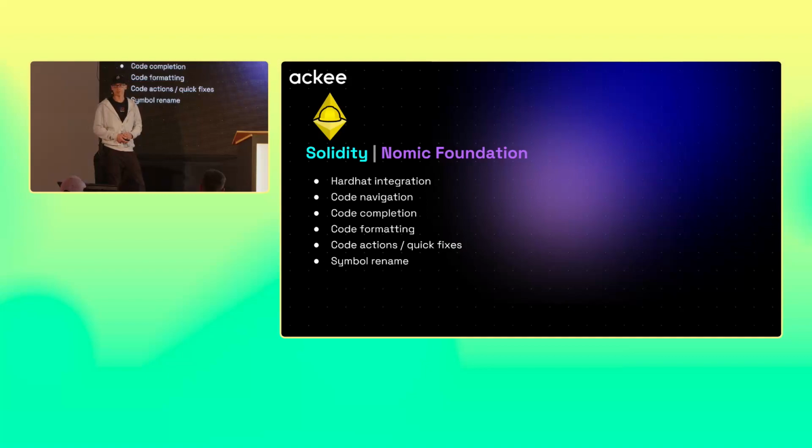Some refactoring features like symbol renaming. And there is also hover for help. So when you hover over some parts of code, you can get help or documentation, for example, for OpenZeppelin contracts. And compilation, of course.